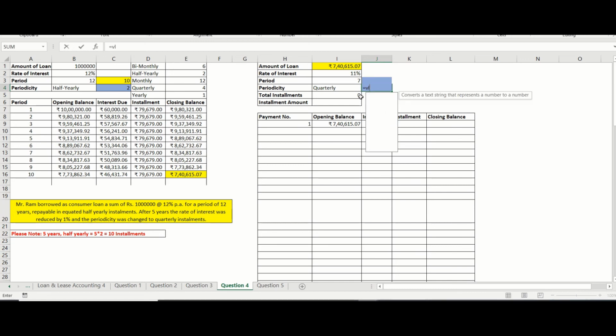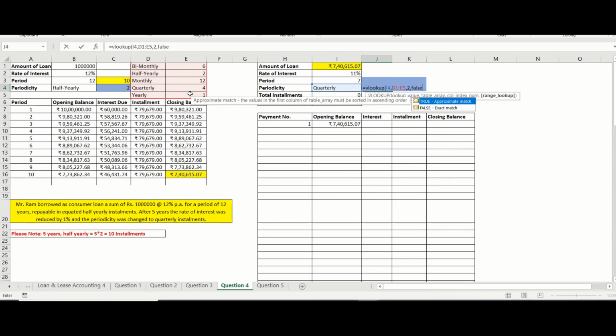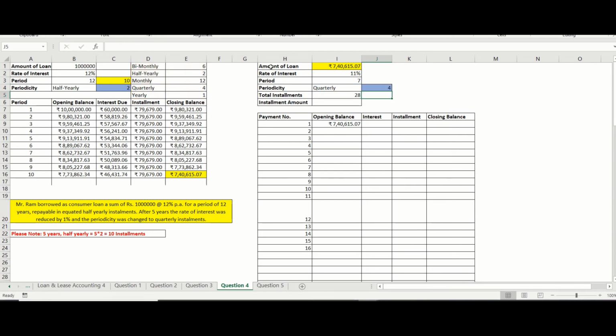So let's find out what the periodicity will be. We look up, we find quarterly. Where do we find it? I find it in this table. Second column, an exact match, so false, right? My total installments is period multiplied by periodicity. Okay?